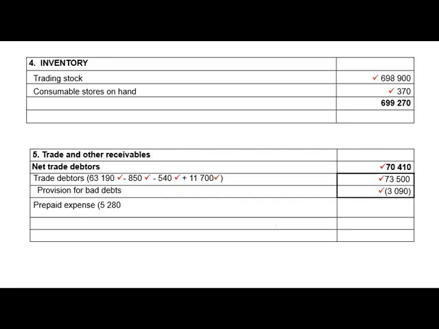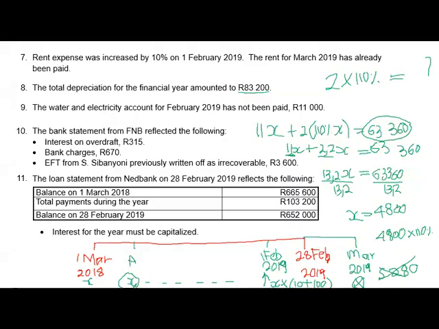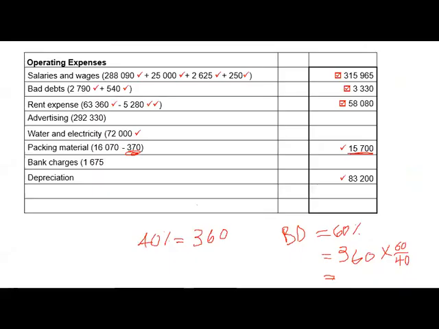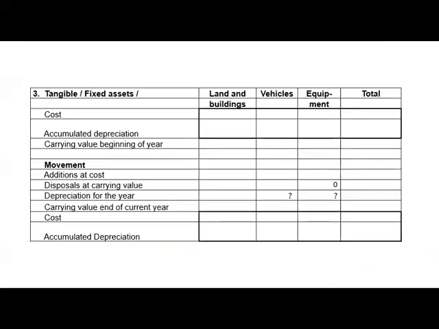And the next one will be depreciation, which is 83,200. That 83,200 depreciation, I'll record it as an expense in operating expenses as such. That's why I have the depreciation 83,200. But that 83,200, I will also have to take it to my tangible asset note, which is note number 3, and record it there as depreciation.